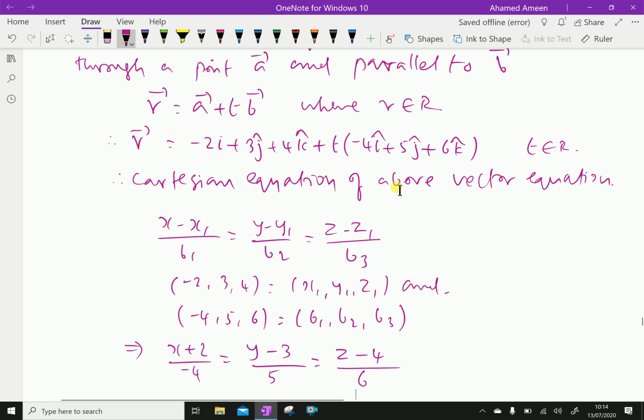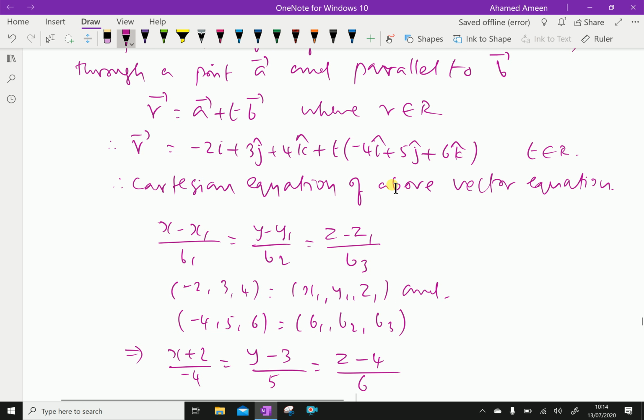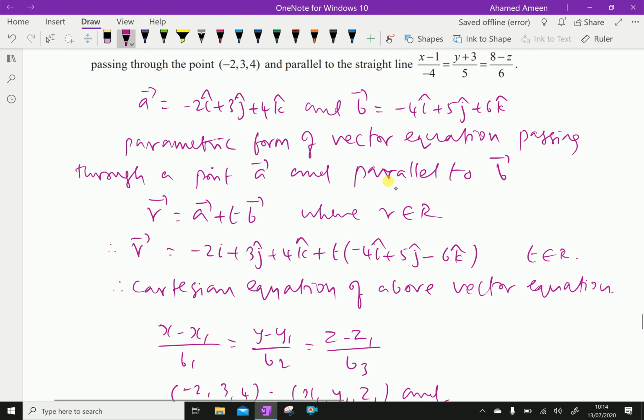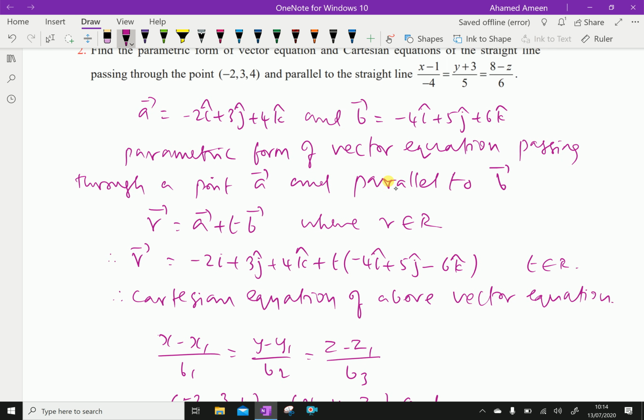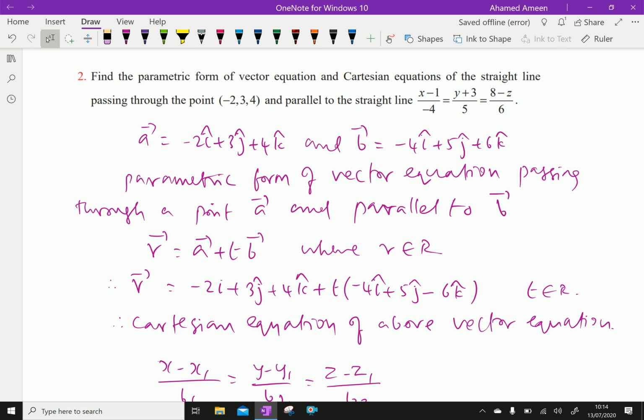Here it is minus 6, not plus 6, because 8 minus z is there. You have to change it to z minus 8, so it becomes minus 6.